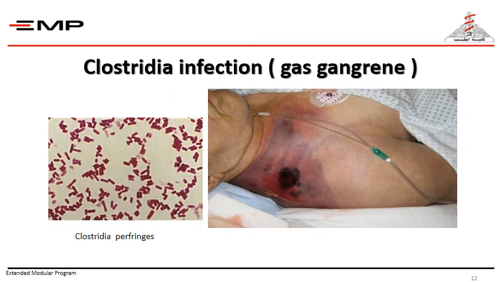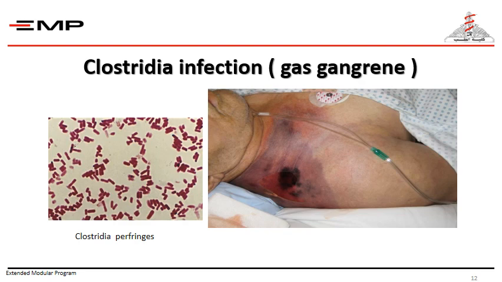Now to gas gangrene. Gas gangrene is a specific primary gangrene. The organisms are anaerobic, gram-positive, spore-forming bacilli that are usually present as fecal flora in the feces of animals.